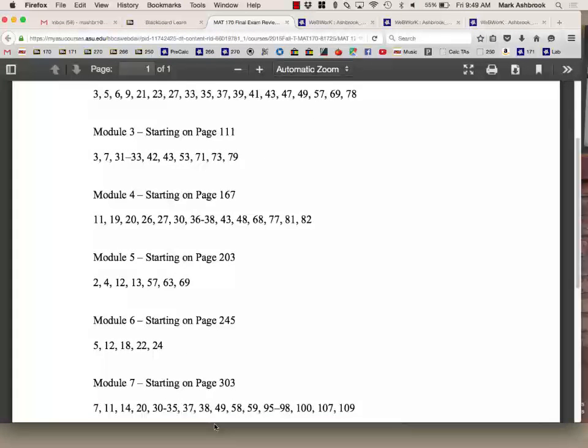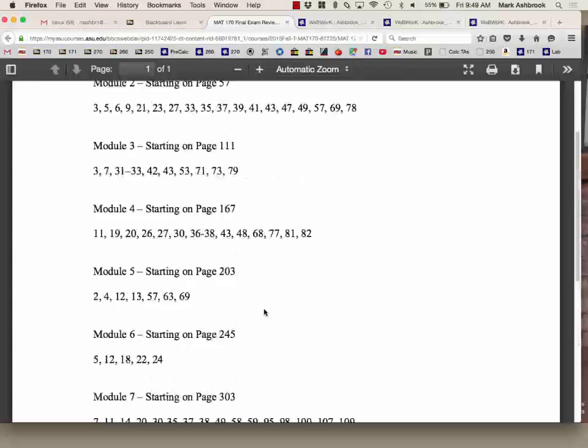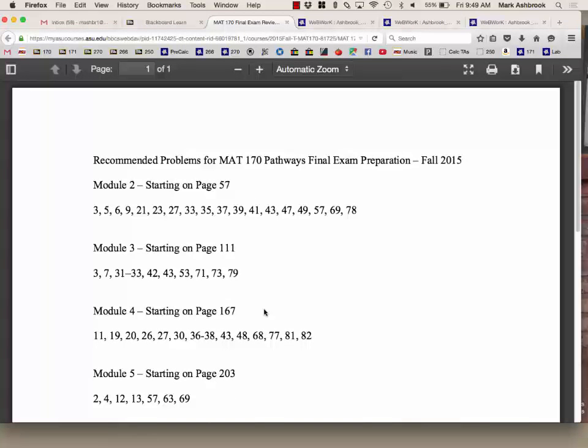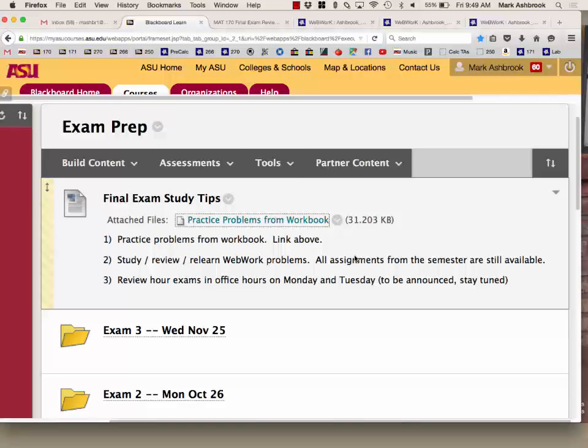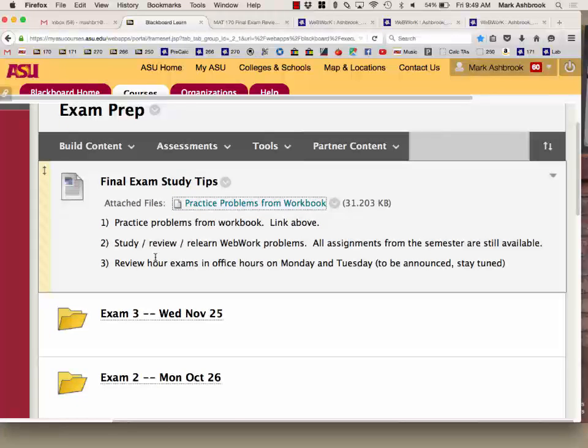Lots of them are odds, and you can get the answers to the odds online at the rationalreasoning.net. And besides those, any web work problem that's similar to those is great practice, and all those are still available. And then your hour exams, if you want to review your hour exams.